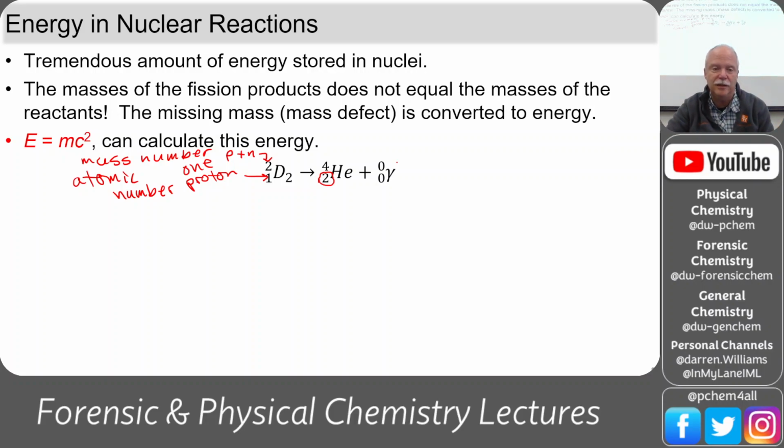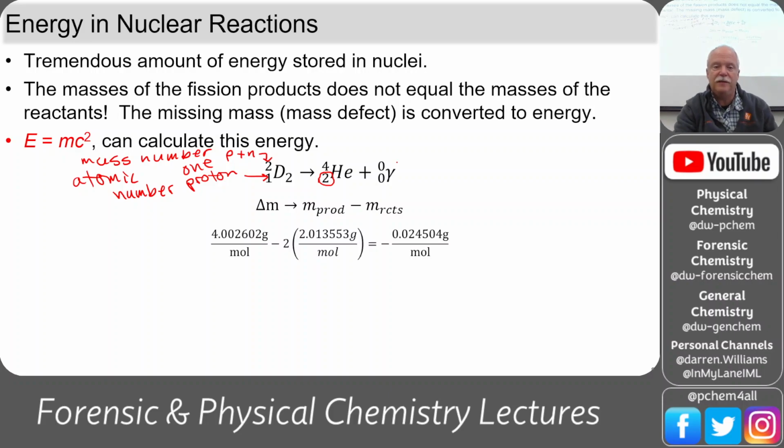It's light, essentially. So let's look at the mass difference, the products minus reactants. And so here we need to go to the isotopic tables and look up the specific masses of the isotopes. So we find the helium-4 mass right here. And it's 4, okay, but you have to be precise, 4.002602.